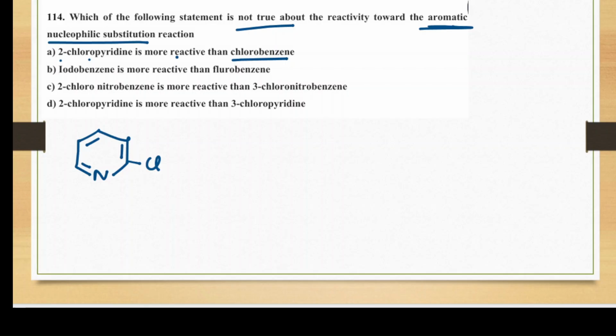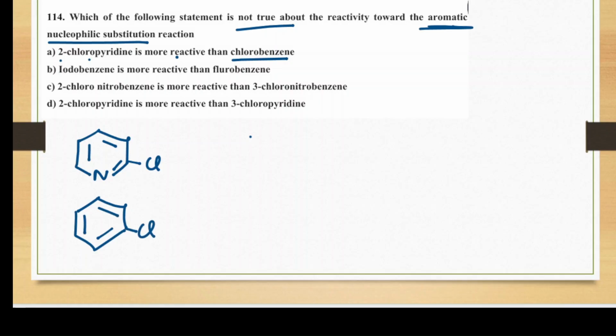We can show the resonance in the other form also, like this. Here we can show the double bonds, and the other species they are talking about is chlorobenzene. This is the chlorobenzene, just a benzene ring with a chlorine.